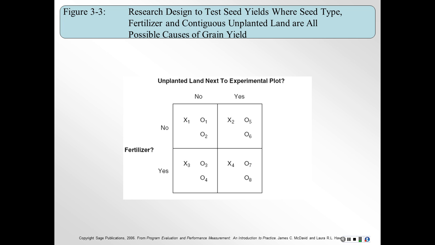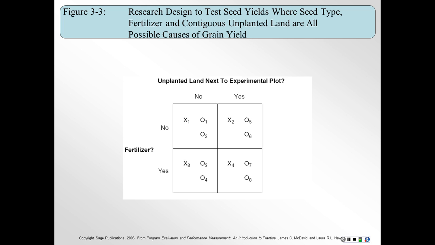Both sets, however, are in land that is not next to an experimental plot, or in which there's land unplanted next to the experimental plot, and in which no fertilizer has been used. In the upper right-hand cell, again, two sets of seeds have been planted, the experimental seed and the standard seed. Here, there is unplanted land next to the experimental plot, but no fertilizer has been used.